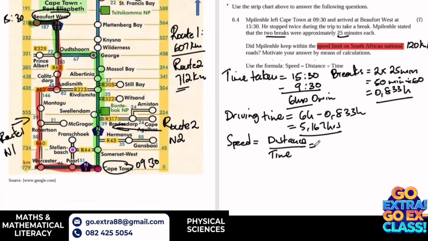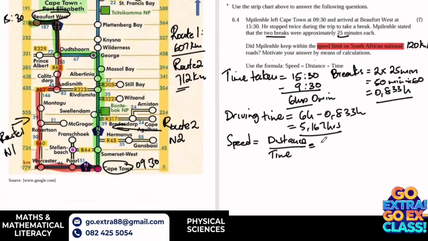What was his distance? As I explained earlier, we have 2 routes here. If you are one of the students that used route number 1, because it was the most cost-effective route, which was cheaper, meaning it was a very short distance to that destination, this would be your speed.